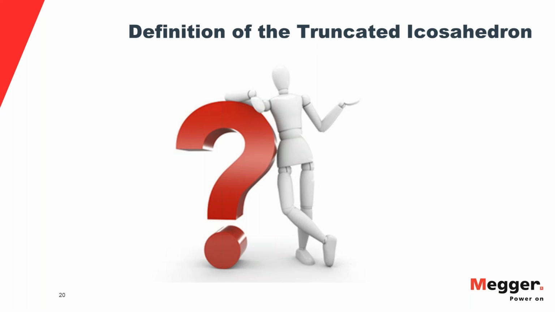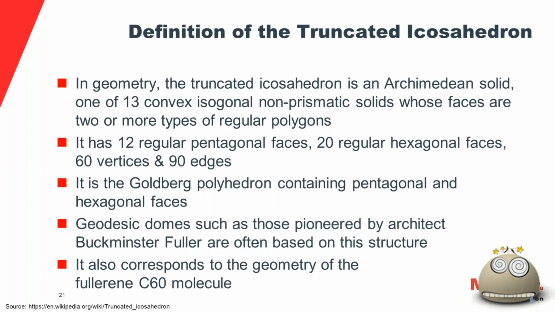So here we go. He said, okay, I want to explain what a truncated icosahedron is. And if you go, for instance, on Wikipedia and you get all the definitions of what it is: in geometry, a truncated icosahedron is an Archimedean solid, with 13 convex, isogonal, non-prismatic solids.